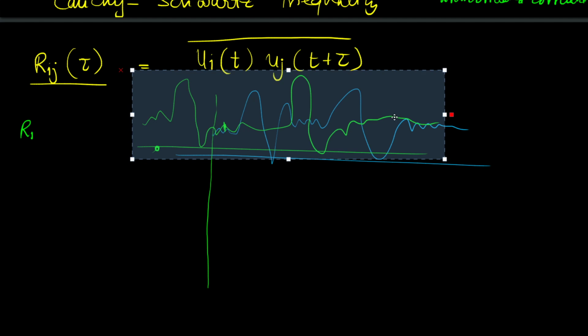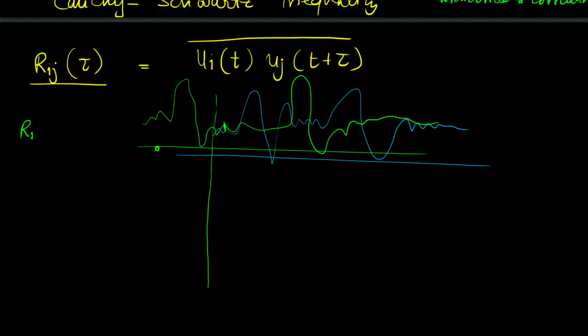There you go. So over here we see that low values of green are associated with high values of blue. Low values of blue are associated with middle values of green. High values of green, low values of blue.